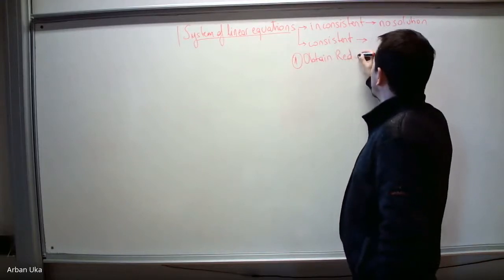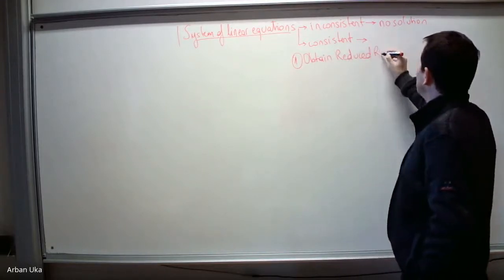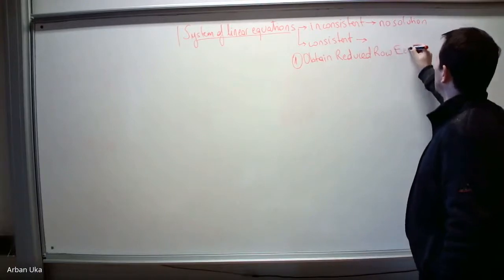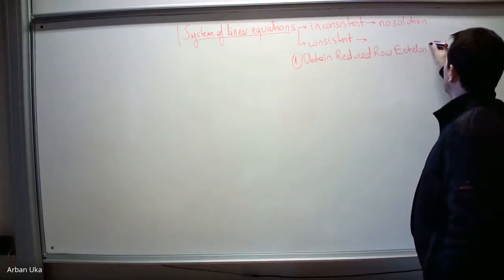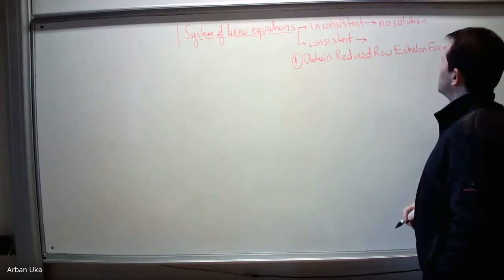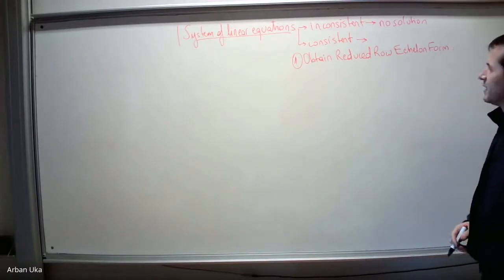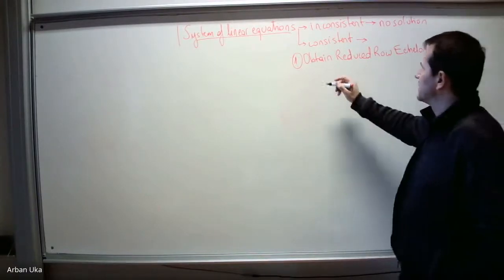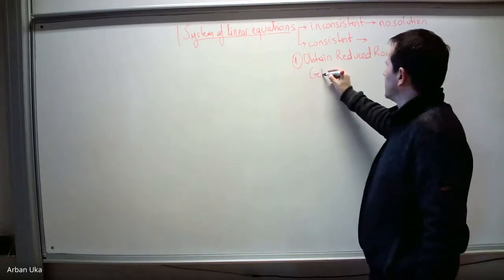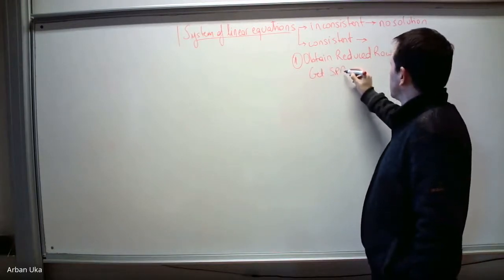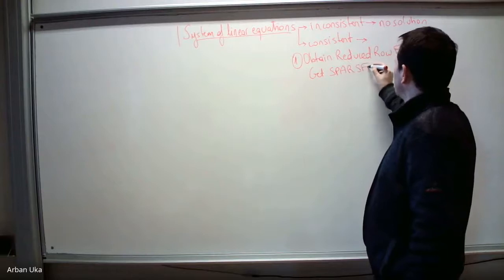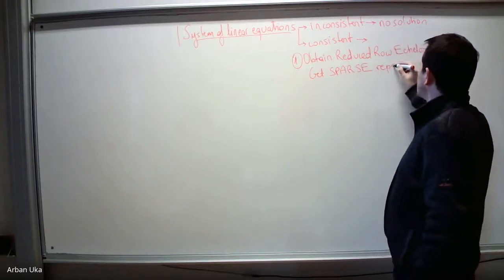the reduced row echelon form of a matrix. What this means is that we have to get the sparse representation.